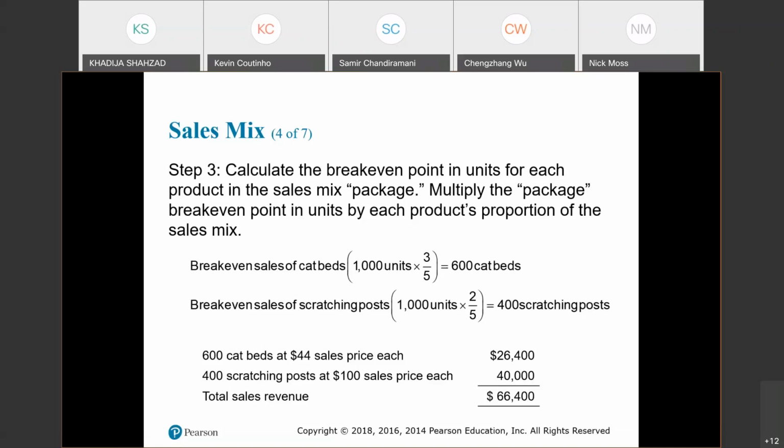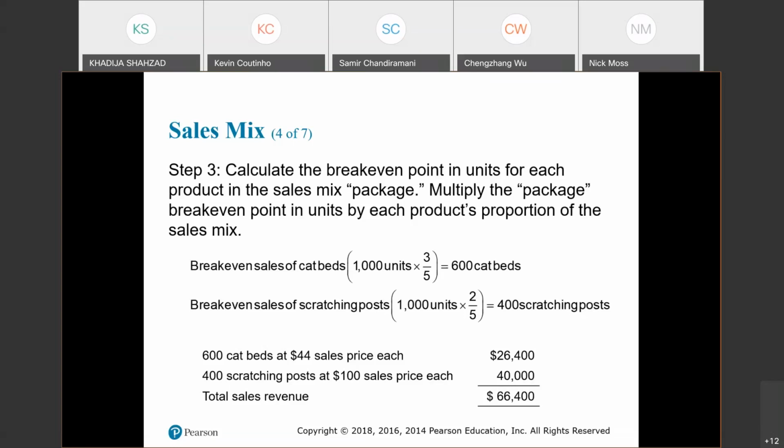For the cat beds, we know its weight in each package is 60%, or 3 over 5. So we use 1,000 units times 60%. We can get 600 units for cat beds.